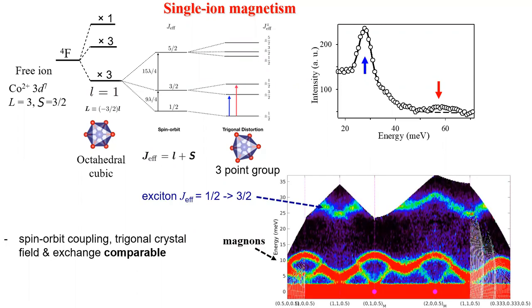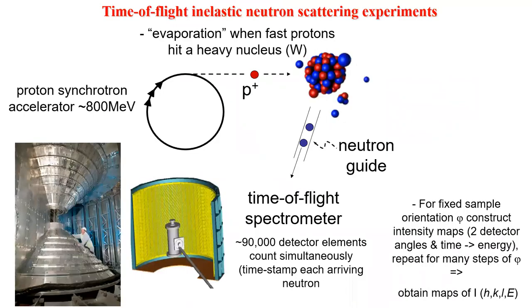So just to put things in perspective, at low energies, because of exchange, we have ordering inside the lower doublet, and then we see magnons, but then we also see transitions to these crystal field levels, if you like, and the transition, the exciton from J half to J 3 halves, even this one is dispersive, which indicates that in this system we have the unusual situation that magnetic exchange, crystal field splitting, and spin-orbit coupling are somewhat comparable. This is a relevant data.